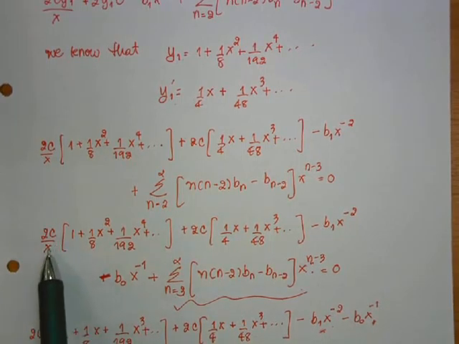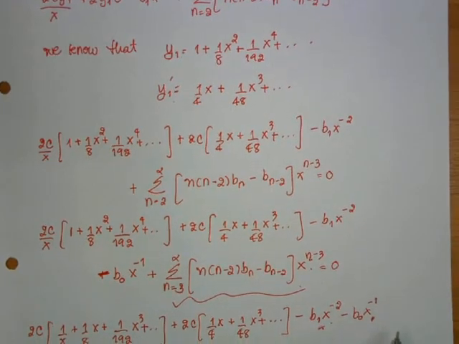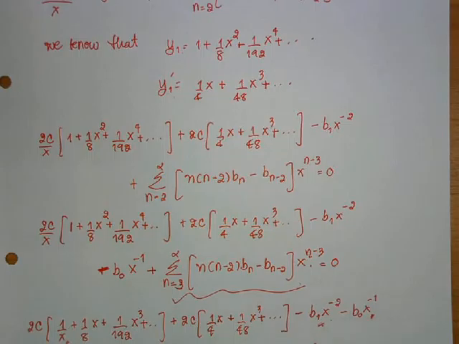You put this x into your function there, because we have to combine each term together. And then for this term, you put n equal to 3 there.